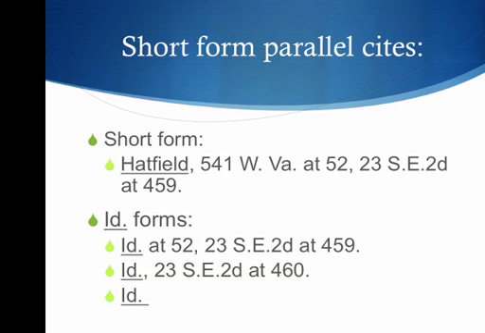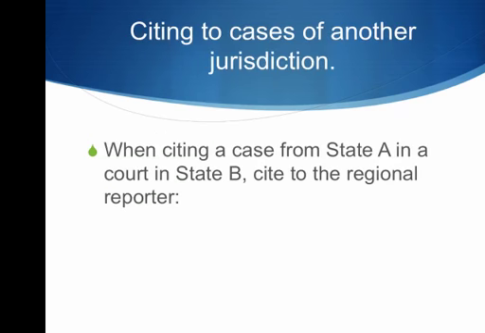In the second format, I'm assuming that my information appears on the same page in the West Virginia Reporter as in my previous cite, but maybe the page on the Southeast Reporter changes, so I'll note it there. The third form is appropriate where there's been no change to either page number.